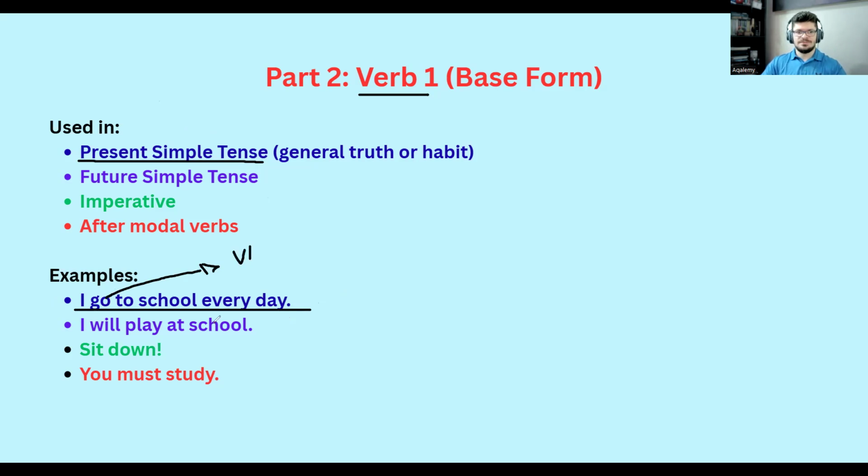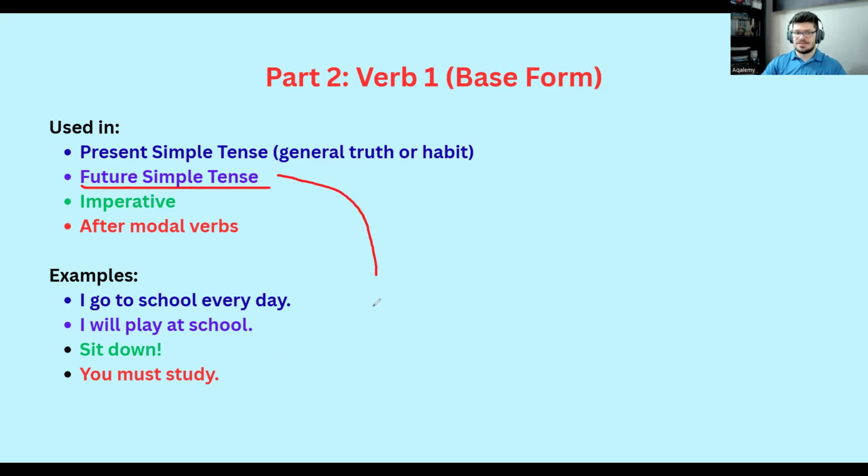Okay. Let's change the color. Yeah, red is nice. Future simple, we do use the base form in future simple. For example, will tells us future, but play, this one is verb 1. Okay. As a combination, it makes future simple tense.